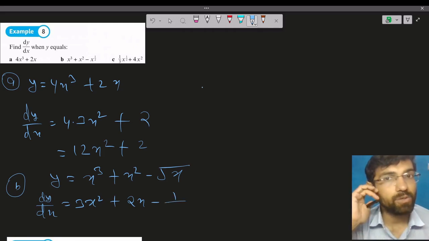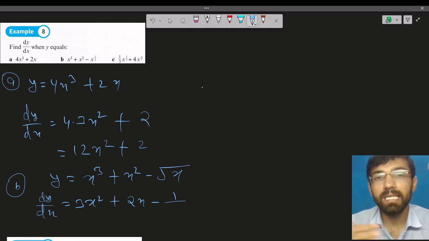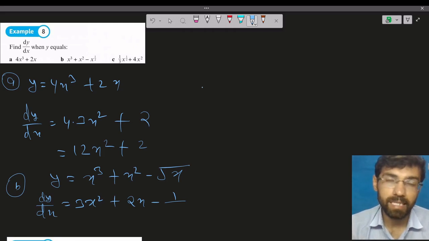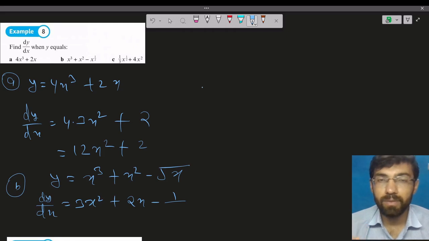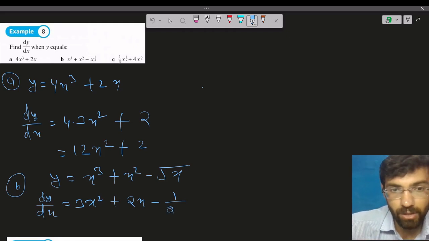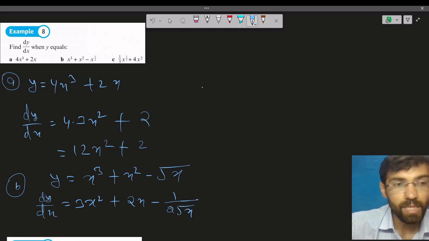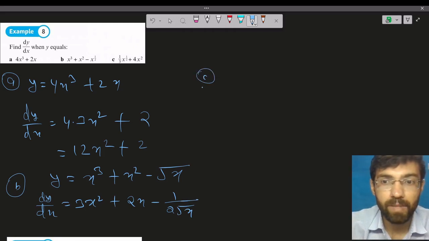Root x is nothing but x raised to half. You can use the power rule, but root x is very frequently used, so we learned this in part 2. The differentiation of root x is 1 upon 2 root x. So that is what I am writing. This is part B.